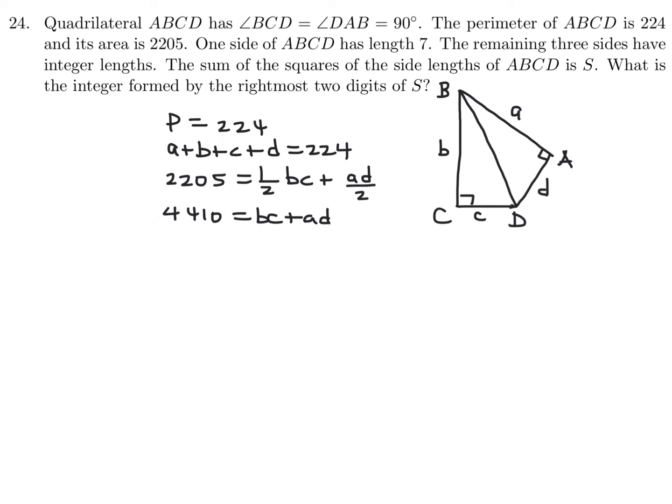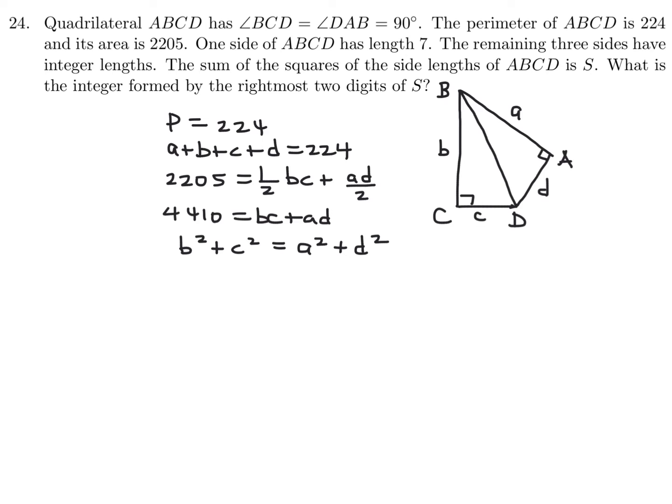All right. Now, where do we go next here? Well, I guess we can use the fact that these right angles will create a Pythagorean relationship, that b squared plus c squared is the hypotenuse, but that hypotenuse can also be written as a squared plus d squared. That's coming from Pythagoras.